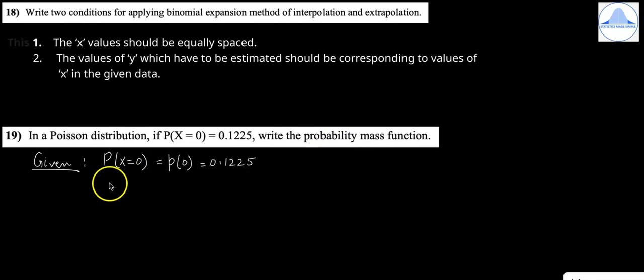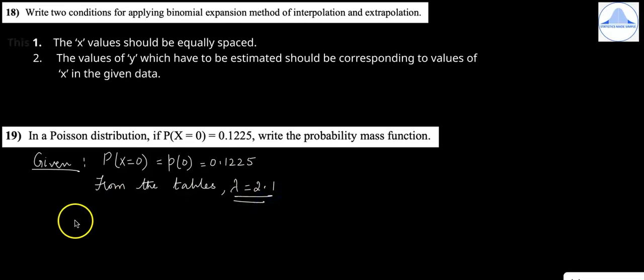of the parameter lambda. So what you have to do is in the statistical tables, you have to search for the value 0.1225 under the Poisson distribution table. And when you search for 0.1225, you will see that the value of lambda is 2.1. So from the tables, we get lambda is equal to 2.1. Now let us write the PMF.